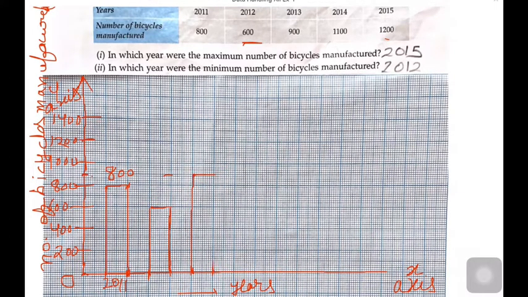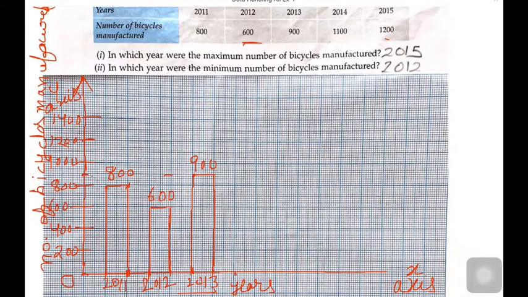Join it with the scale. This was your 600 and this is your 900. Fine. And this is for 2012, and this is for 2013.